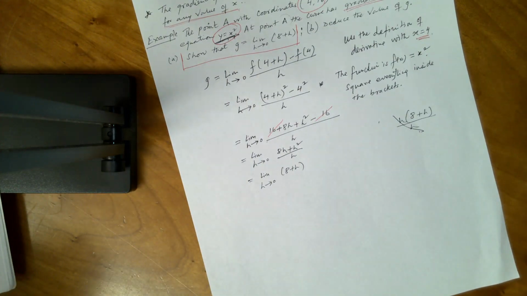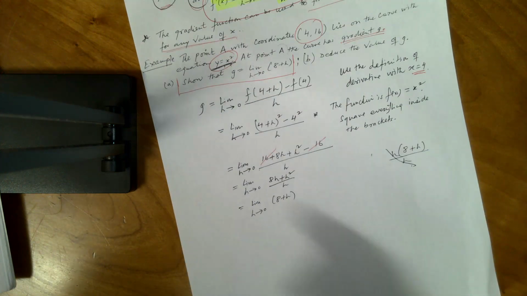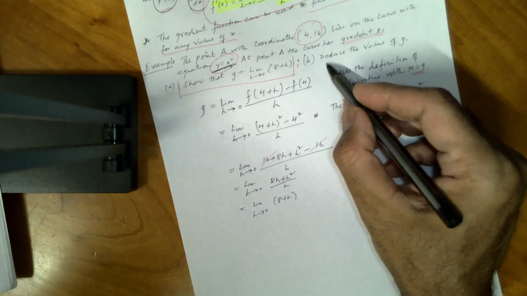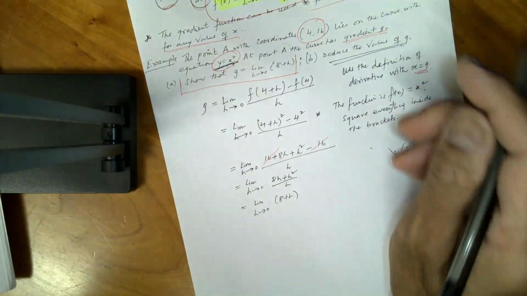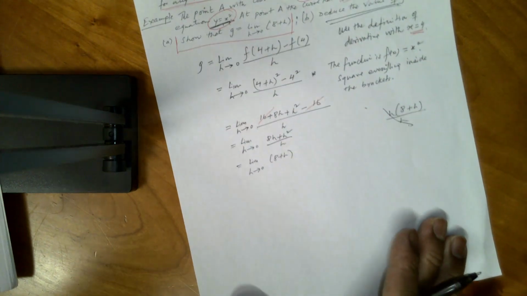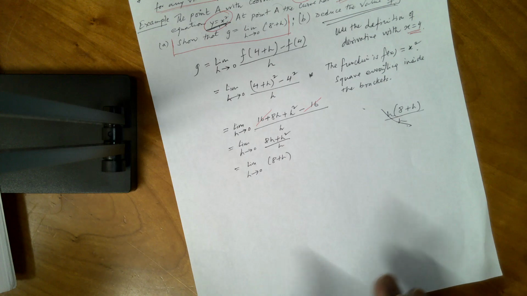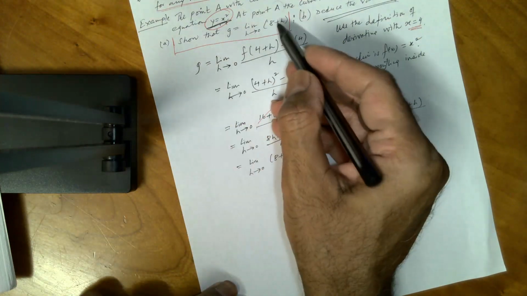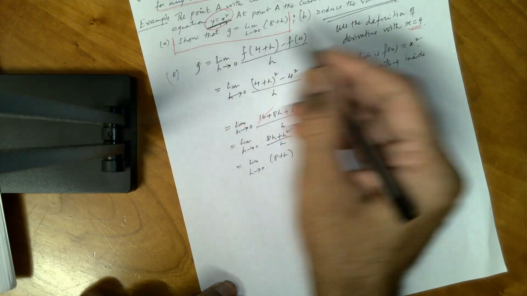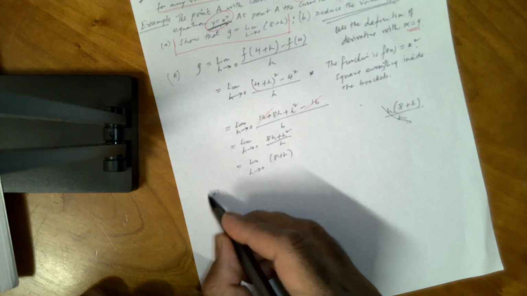Now it's also asking you to deduce the value of g. So here we can write down: this was your part A, then you got your part B here.